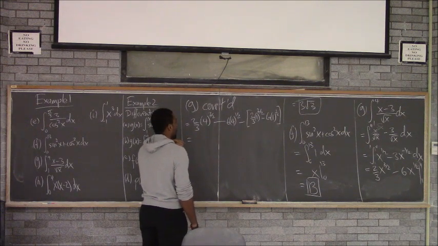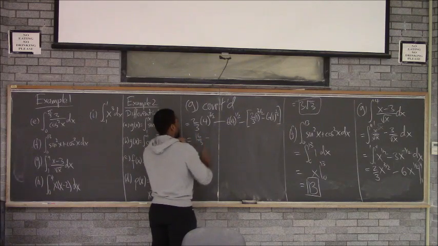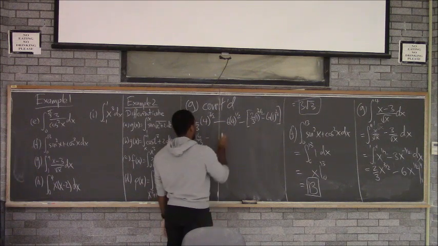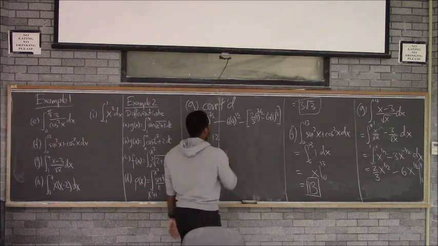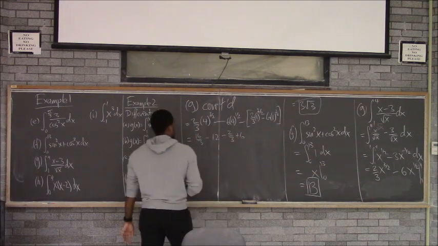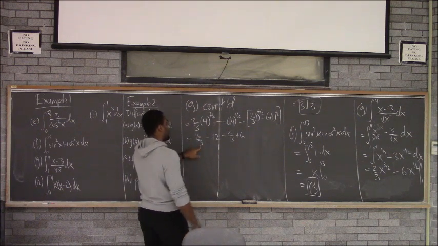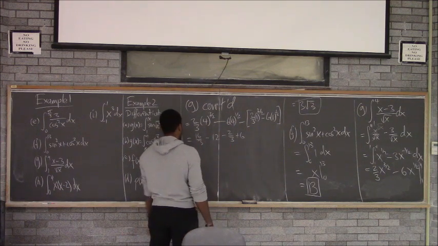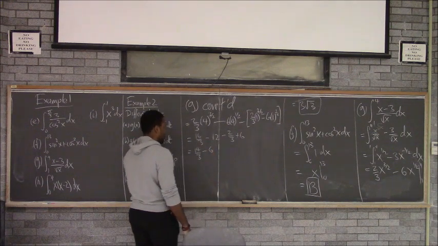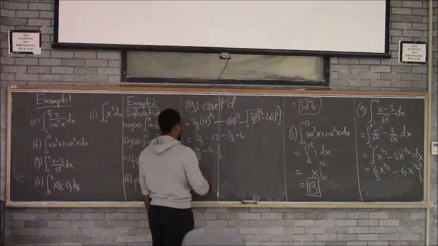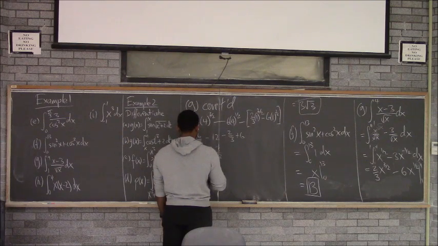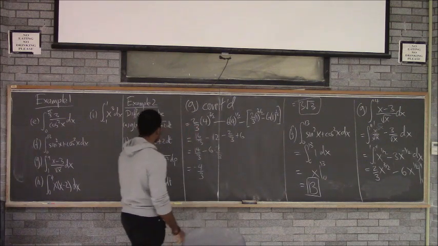Square root of 4 is 2, cube that you get 8, so this is 16 over 3. Here, the square root of 4 is 2 times 6, that's 12. And here we have minus 2/3 plus 6. So we have 16/3 minus 2/3, that's 14/3 minus 6. Greatest common denominator here. So that's 14 minus 18 over 3. Minus 4 over 3.